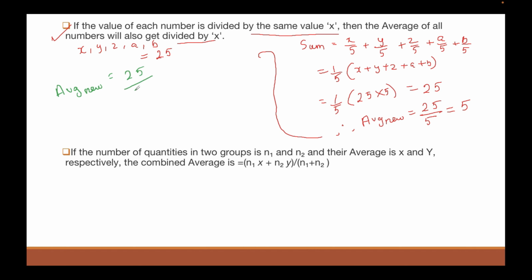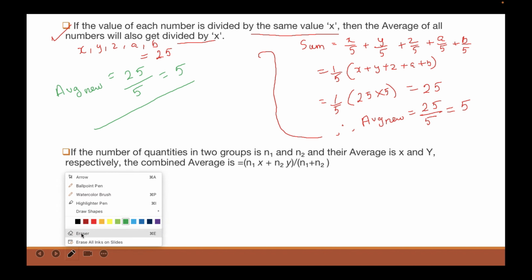Now it was division, so 25 by 5 equal to 5, right? I hope it's clear.